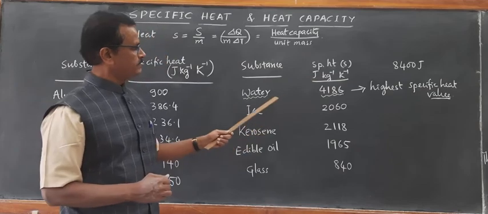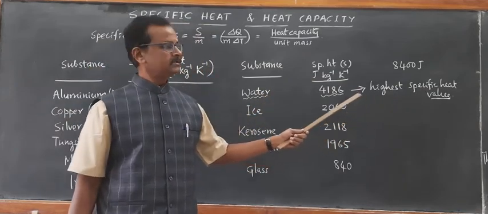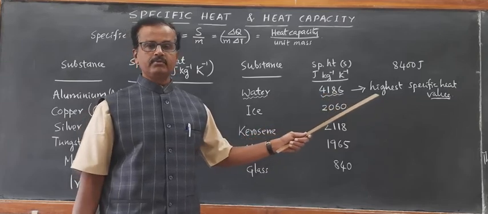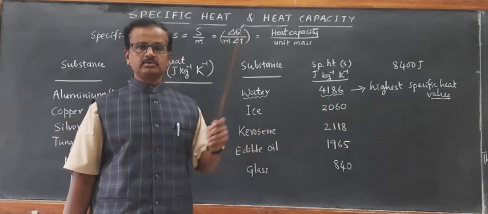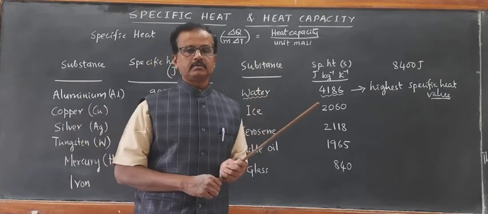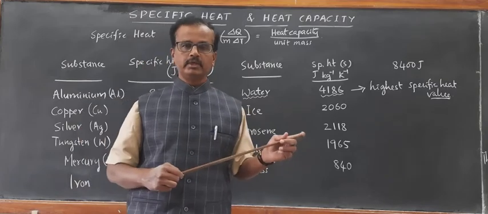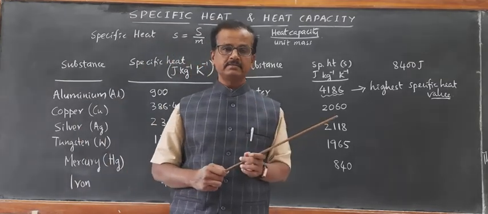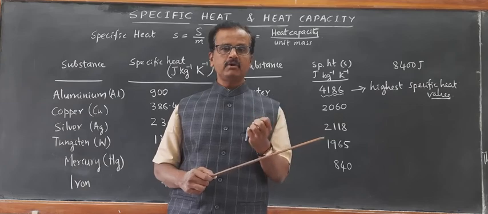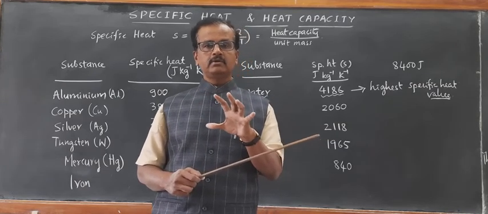That is explained mainly based on the highest value of specific heat of water. It heats up very slowly, cools off also very slowly because of its highest value of the specific heat. That's why water is used as a coolant in the automobile radiators, where heat has to be absorbed so that the machinery will be cool.